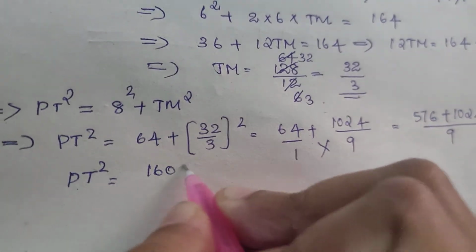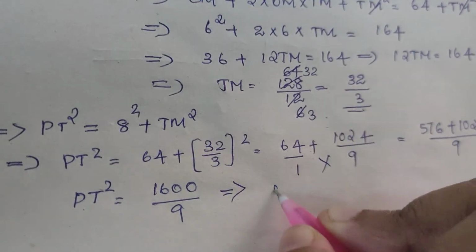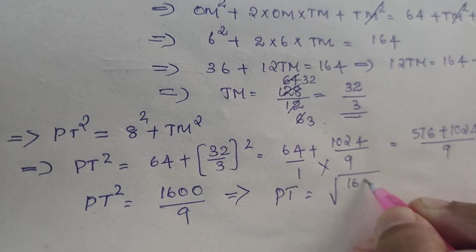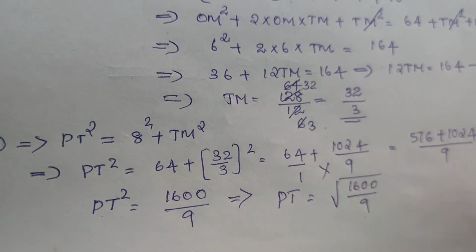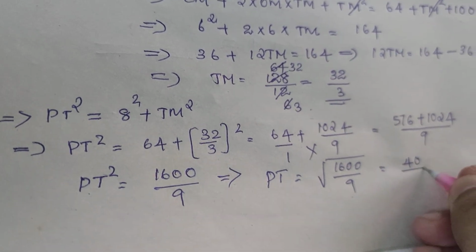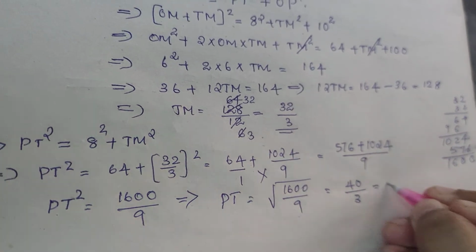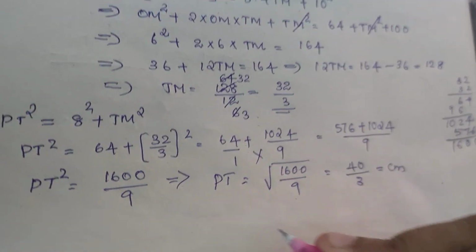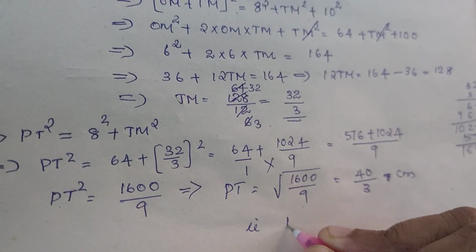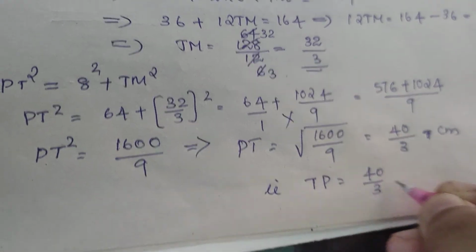So 1600 divided by 9. That implies PT is equal to square root of 1600 by 9. So the square root of 1600 is 40 and the square root of 9 is 3. So the measure of PT is 40 by 3 centimeter. That is, the length of TP is equal to 40 by 3 centimeter.